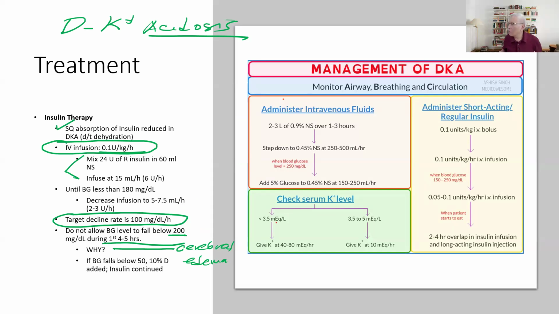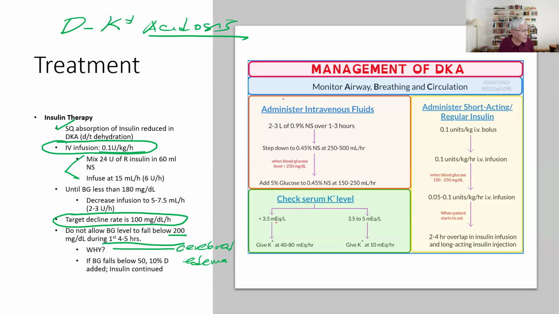So you're thinking, why can't the doctor just give like 50 units or 100 units of insulin? Well, if you do that, there's going to be a rapid shift of fluid into the brain. And therefore, the patient didn't die from diabetic ketoacidosis, but they will die from cerebral edema.